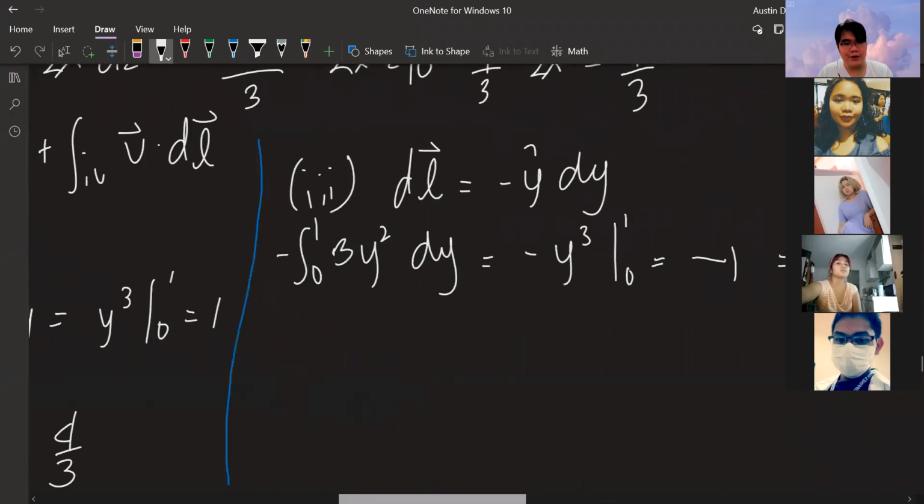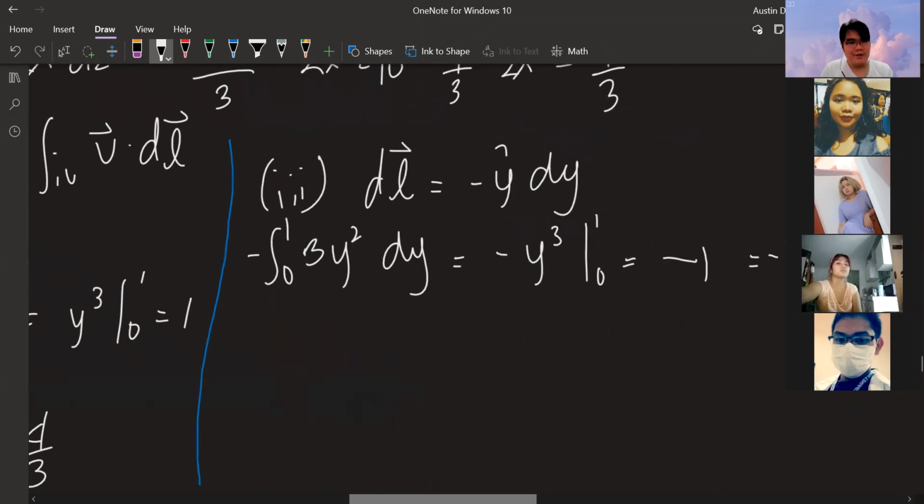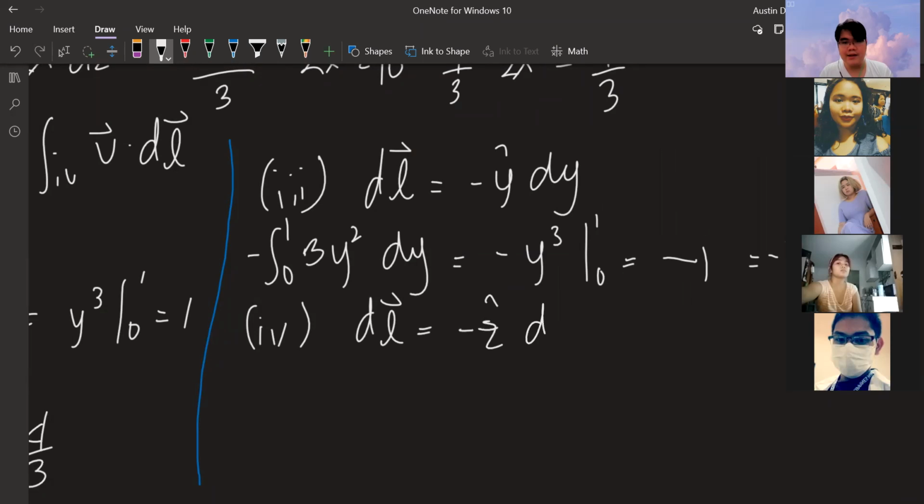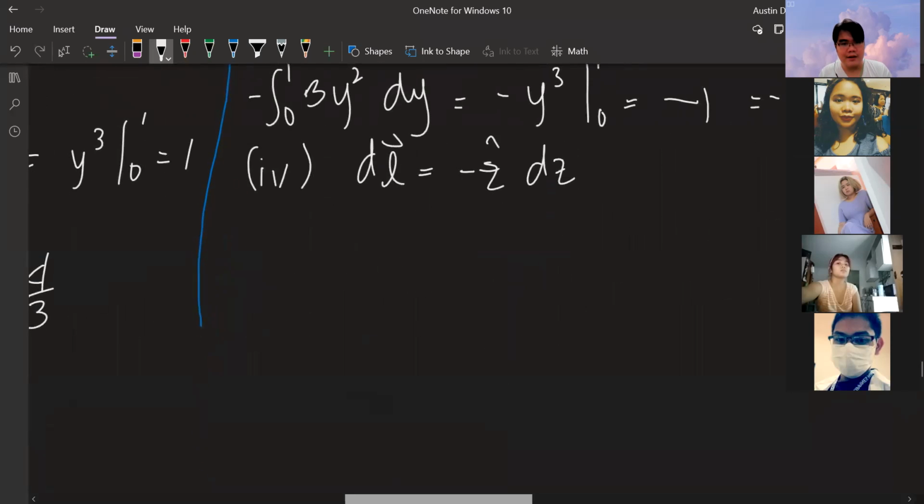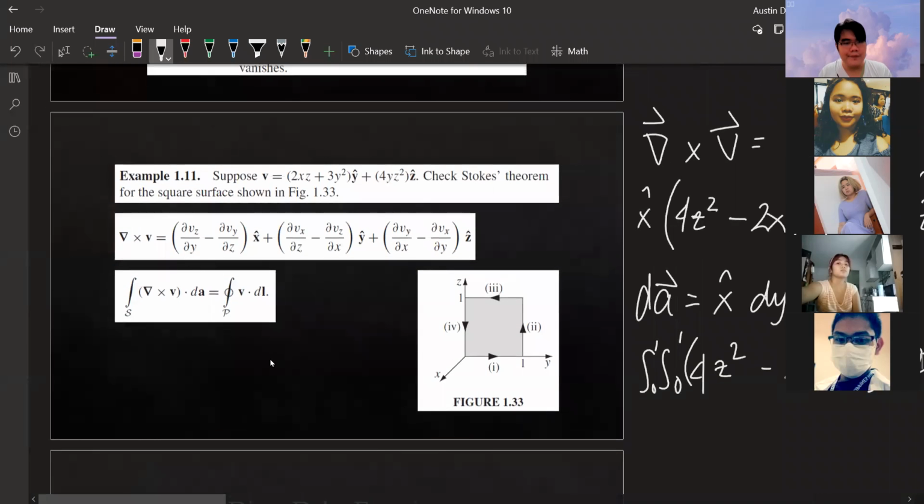Okay, sa path number 4, let's do this. Last one na to. Nakakapagod, di ba? Ulit. DL natin, again, gusto ko i-retain yung geometrical importance nung makikita nyo siya dito. So that is just negative z hat dz. Okay? Negative z hat.